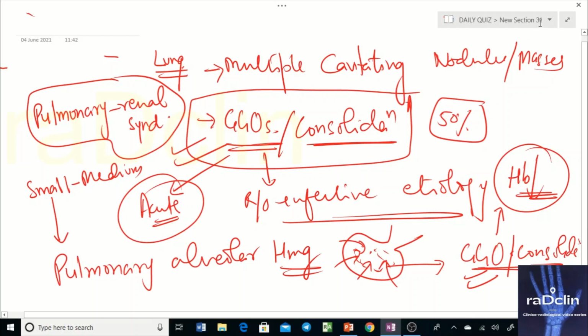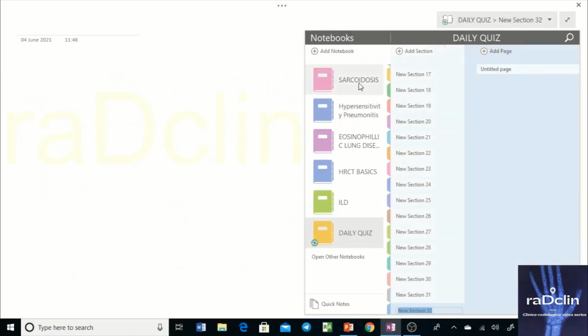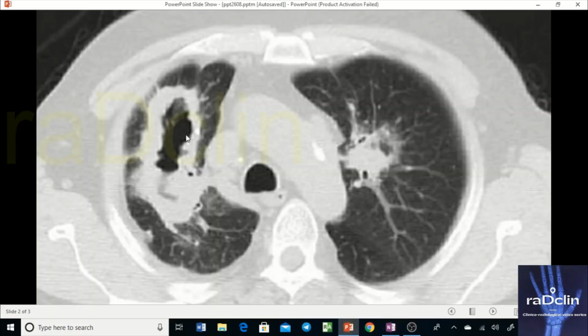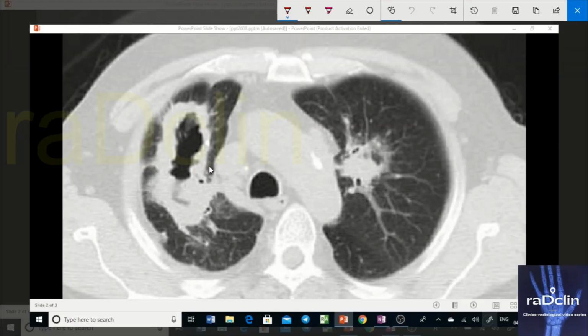I have discussed the cavitating nodules in this particular image, that this is a characteristic Wegener's cavitating nodule, although it has some features that point towards malignancy, because these tags appear like spiculations, although they are also seen in Wegener's. A Wegener's cavitating nodule characteristically has these kinds of tags and spiculations that are not there in cavitating nodules of other diseases.